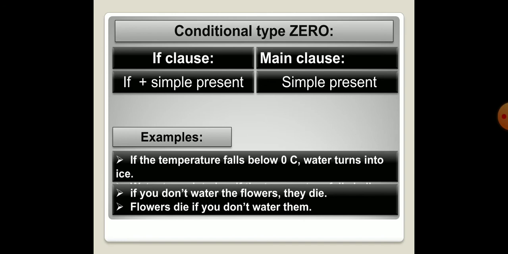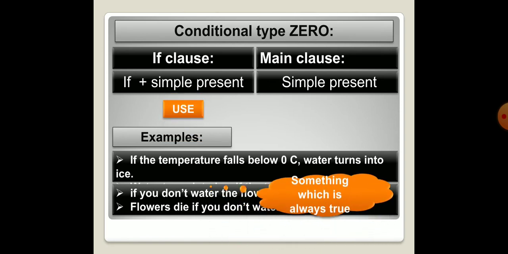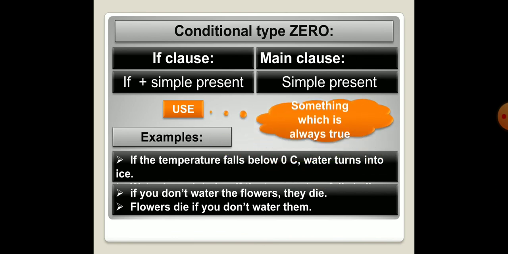So when do we use conditional type 0? Of course you can understand from these examples that we use conditional type 0 for something that is always true. These are scientific facts, things that happen, which means the result will never change.